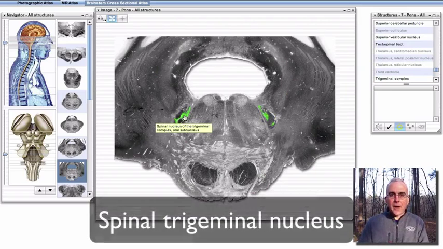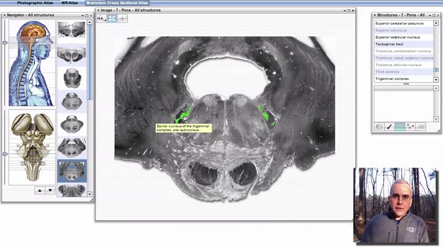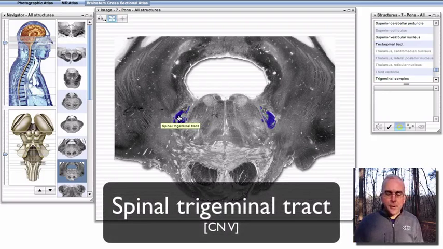This is called the spinal nucleus of the trigeminal complex. This is part of the trigeminal nucleus that extends from the level of the principal or chief sensory nucleus all the way down to the merging of the caudal medulla with the upper cervical spinal cord. So there's a nucleus, and then just lateral to the nucleus is a tract called the spinal trigeminal tract.